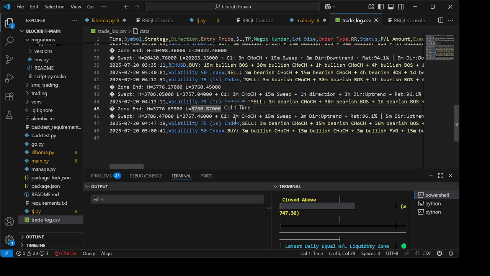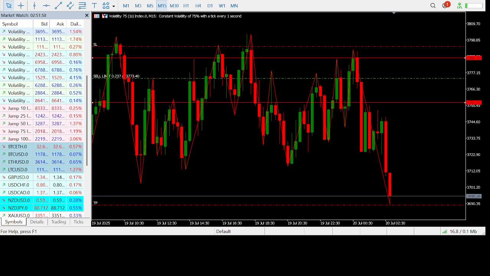Even the strategy I use is a 15 minute sweep and 3 minutes. Once it was swept, how did it place a trade?